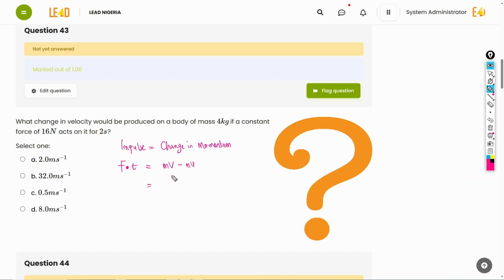We can factor out m, bracket v minus u, because what they are actually asking us for is v minus u. Now we can substitute: 16 times 2 is equal to 4 times v minus u. Now we can divide both sides by 4.